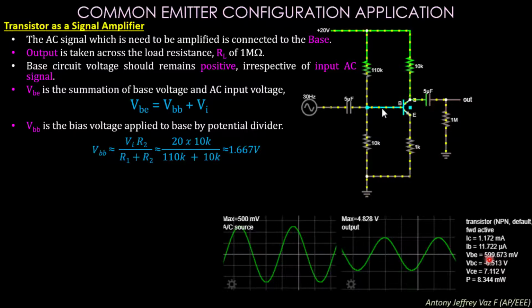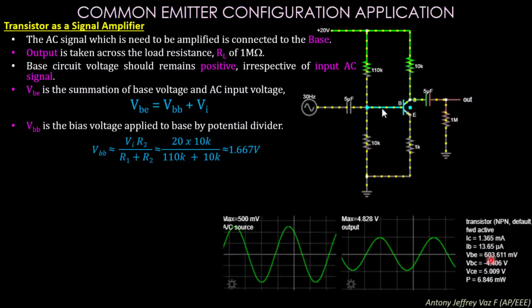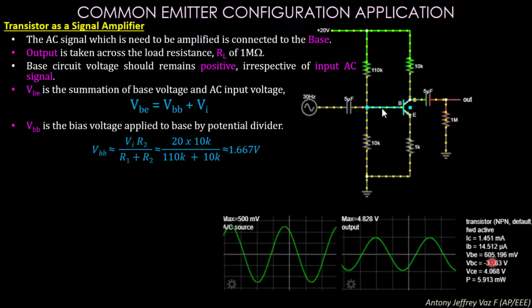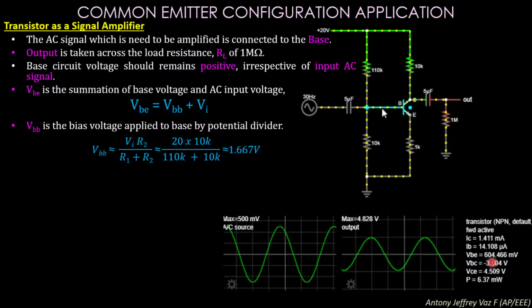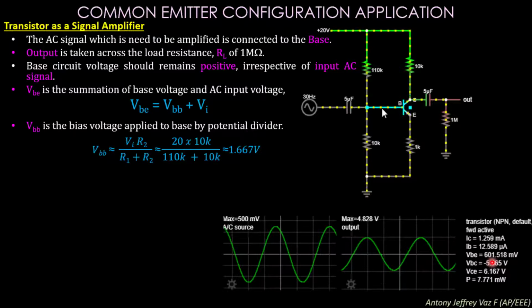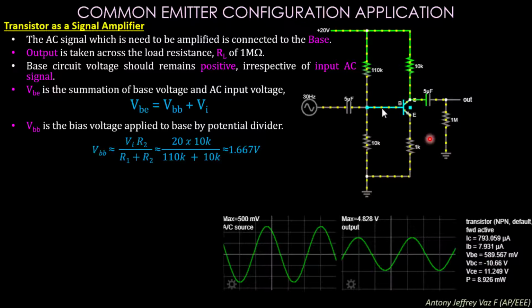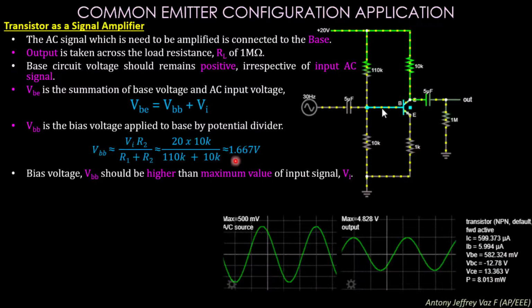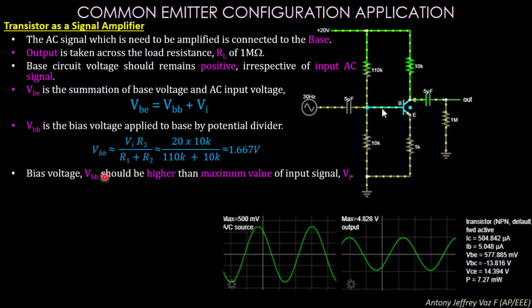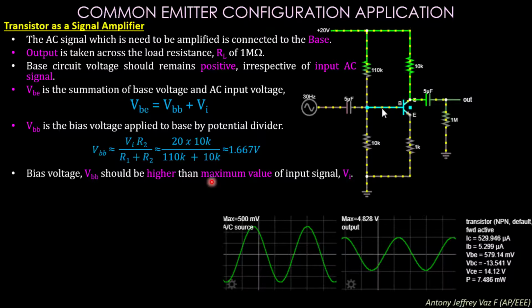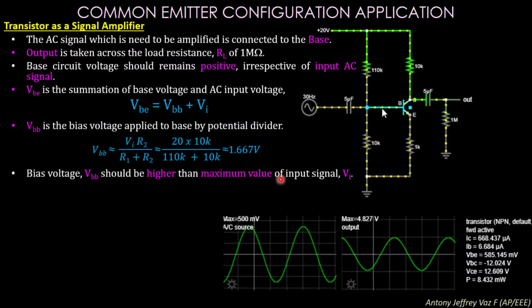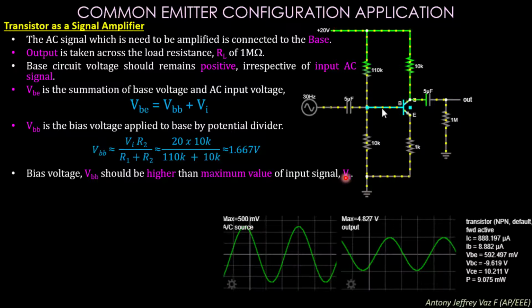Okay, you may wonder, it is going on increasing. It is about the peak of 604. So the peak will be 604 millivolt of the VBE. Next, you may see the bias voltage VBB should be higher than the maximum value of the input voltage VI.